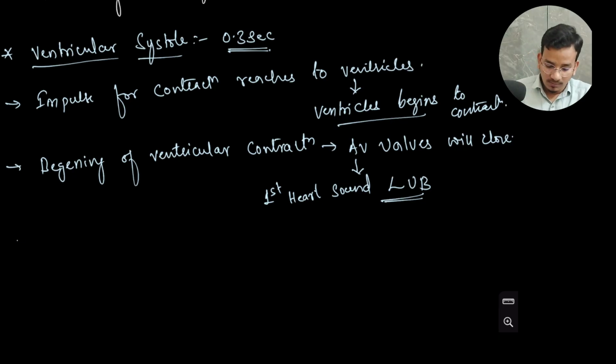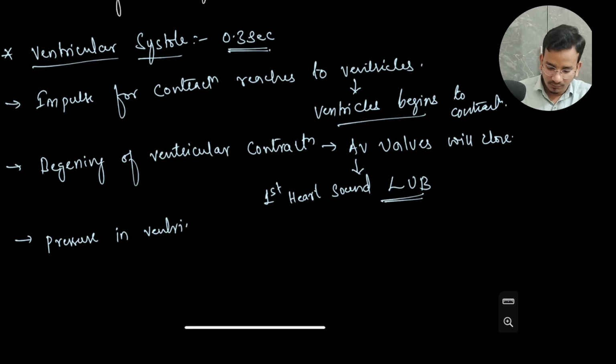The pressure in the ventricles increases as compared to the pulmonary artery and aorta.